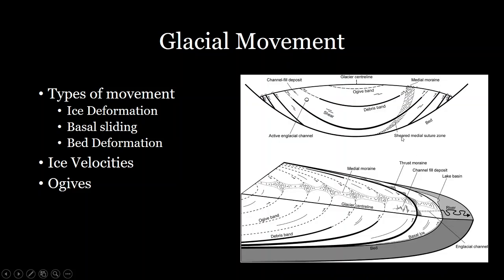When the ice comes at a higher velocity into that valley, you can have shearing occur as a result. These shearing planes develop, and they cause thrust faults within the glacier.